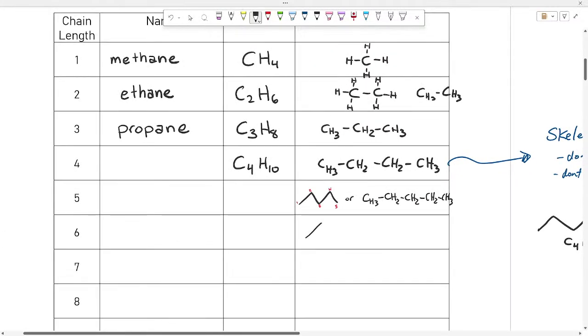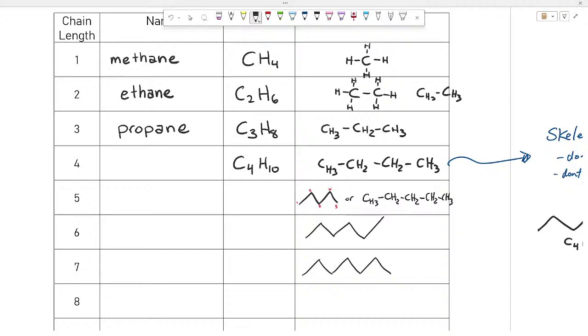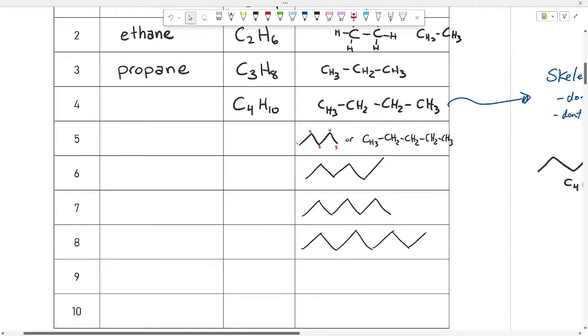We could have 1, 2, 3, 4, 5, 6 here. 1 through 7 there. 1 through 8. 1 through 9.